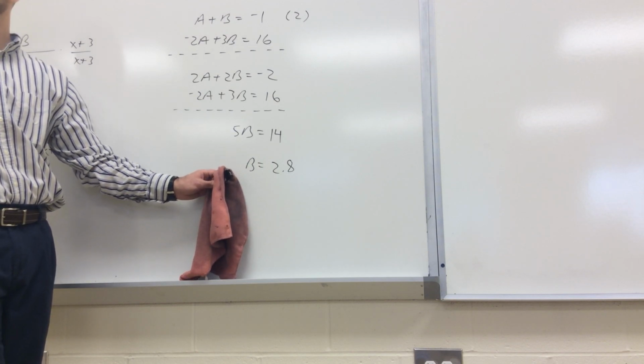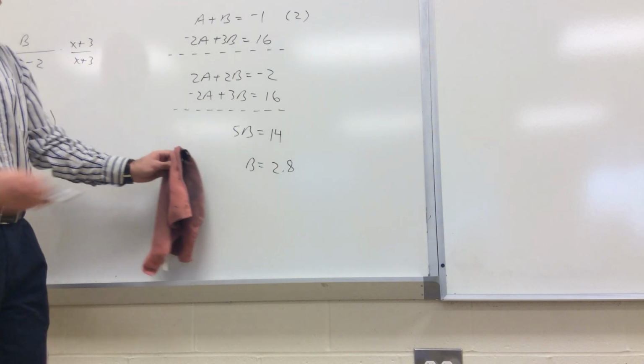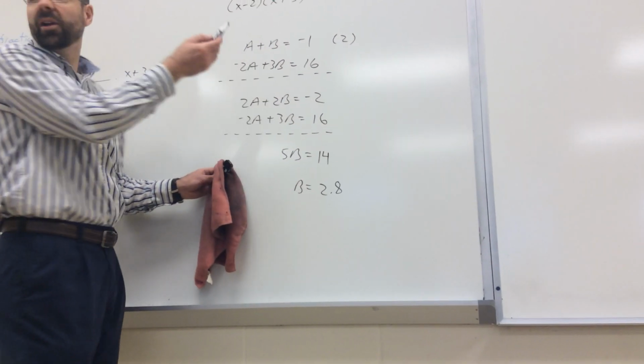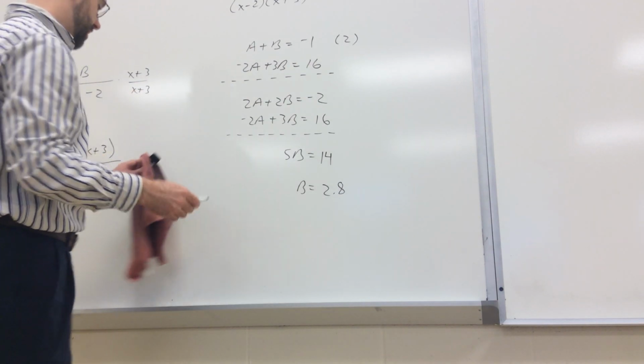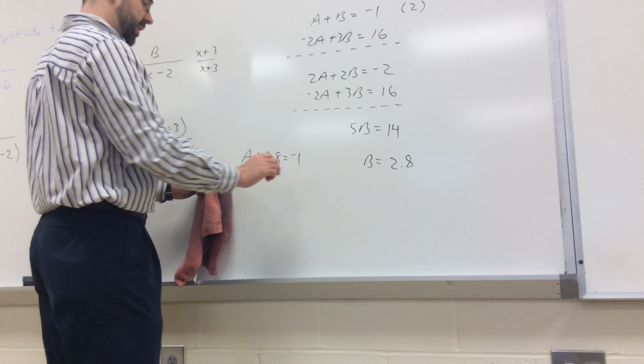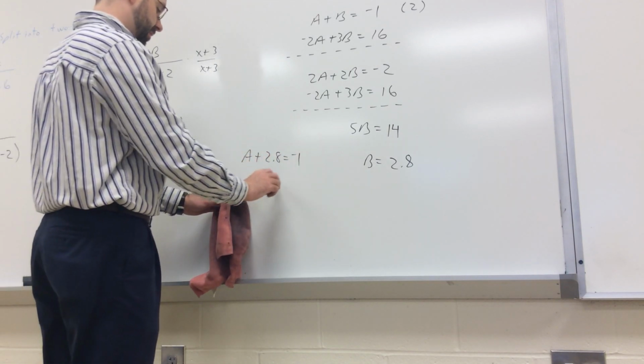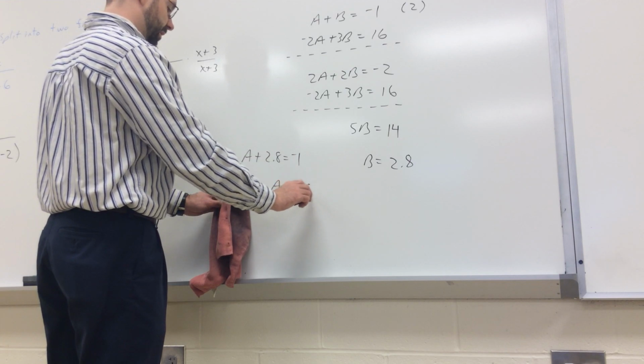How can I find a? Yeah, just put 2.8 here, right? So a plus 2.8 equals negative 1. So then you subtract 2.8 to the other side. So a is negative 3.8.